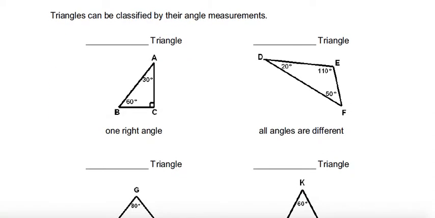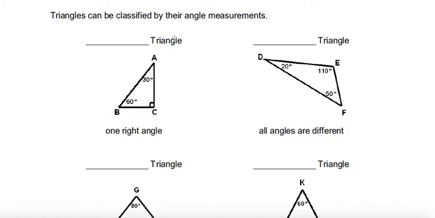Triangles can be classified by their angle measurements and their side measurements. In grade 10, you're going to start to look at trigonometry, and you're going to look at that even further in grade 11. So it's important that you understand different types of triangles and their classifications.